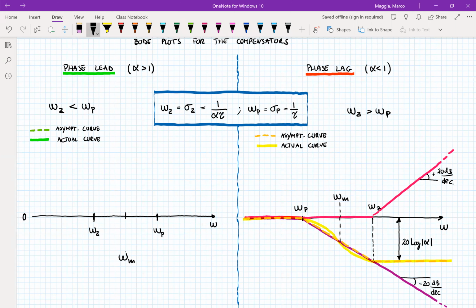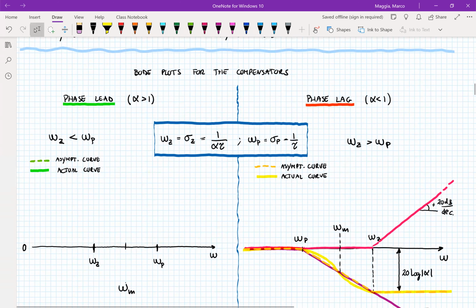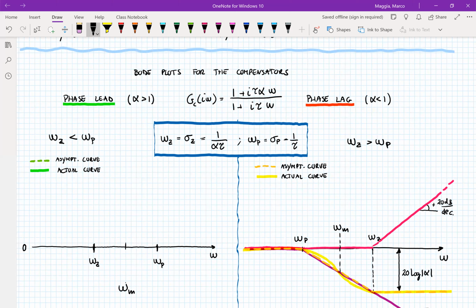All right, so let's rewrite here the actual transfer function for the compensator. So we have GC of i omega that is equal to 1 plus i tau alpha omega over 1 plus i tau omega.